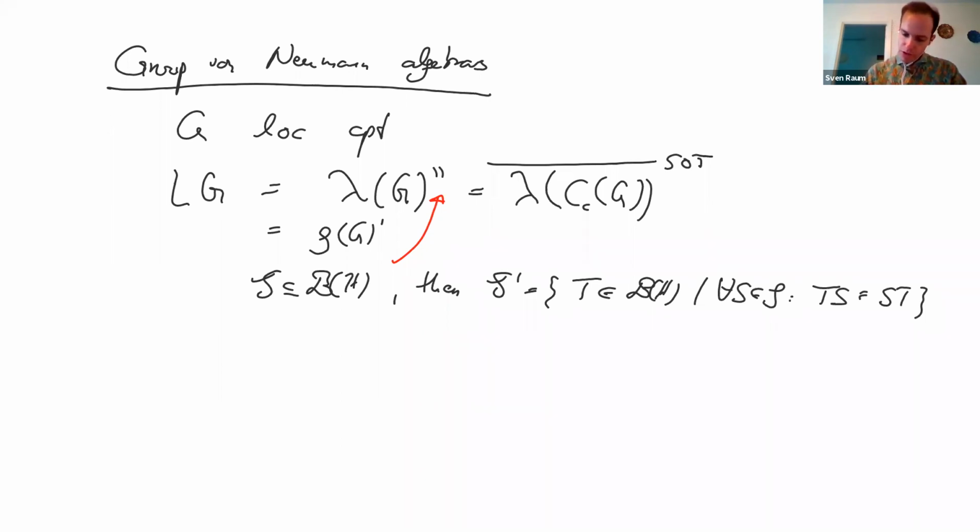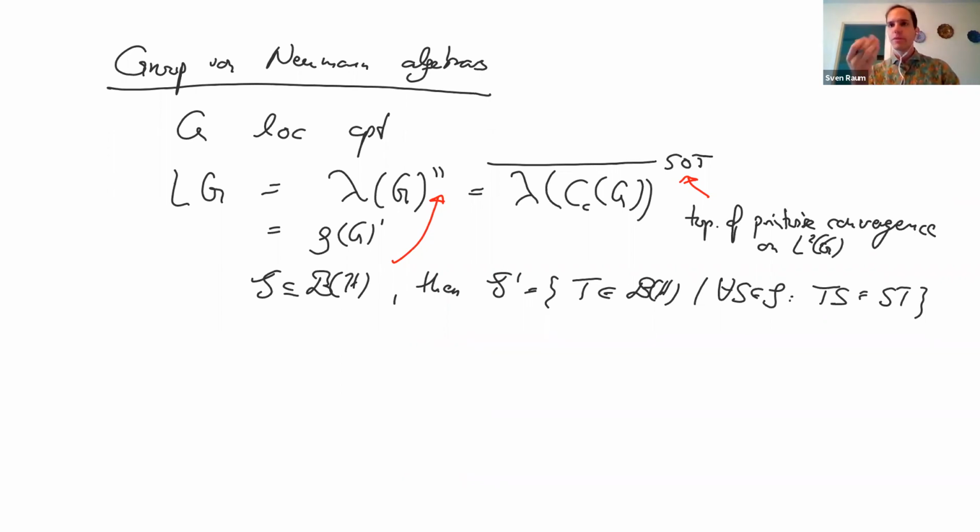The other thing here was this SOT. This is the topology of pointwise convergence on H, or in this case, sorry, on L2 of G. Okay, so I used this before when I defined unitary representations.